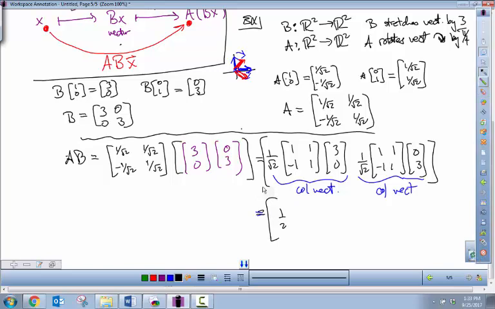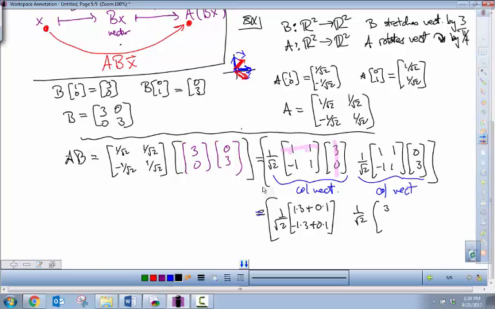So we got the row and the column to multiply or to dot, so that's 1 times 3 and 0 times 1. 1 times 3 plus 0 times 1. That's going to be one number in the first entry, and then this vector will be negative 1 times 3, 0 times 1. And then we'll do the same thing for this.